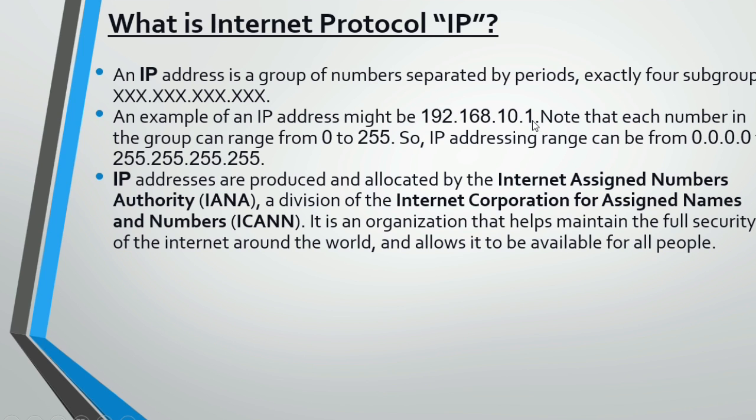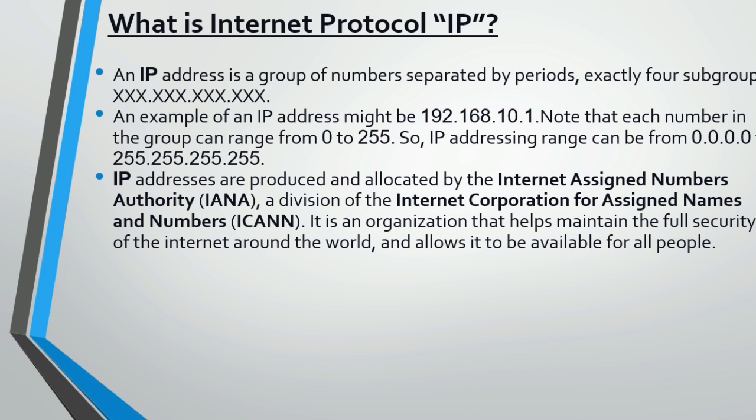Note that each number in the group can range from 0 to 255. So the IP address range can be from 0.0.0.0 to 255.255.255.255.